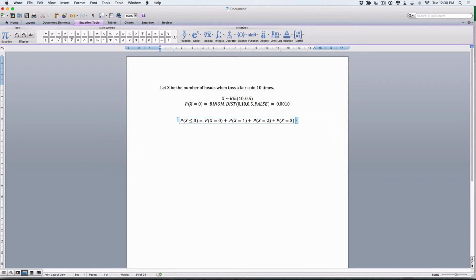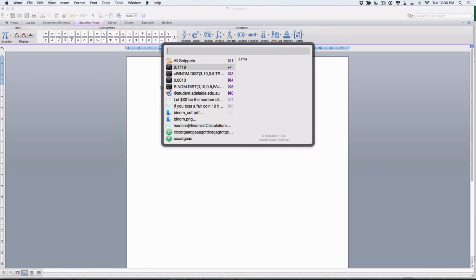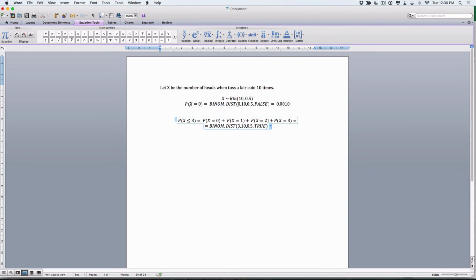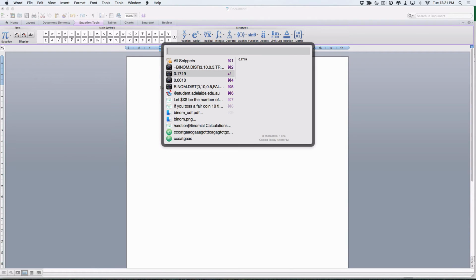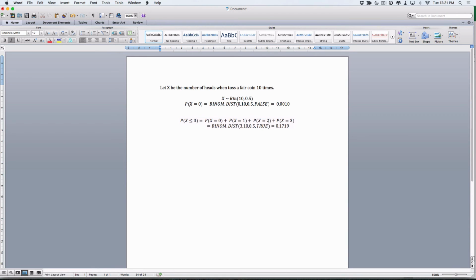So go along to the end. Equals. Let's get rid of that. And finally, we can give the answer equals that. So, lovely. I've got the probability notation.